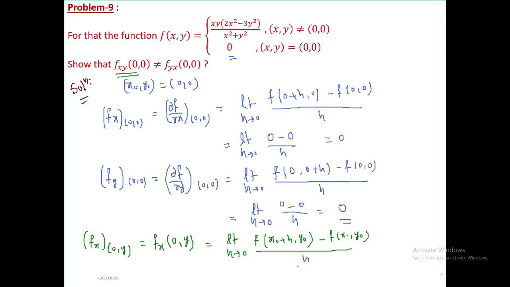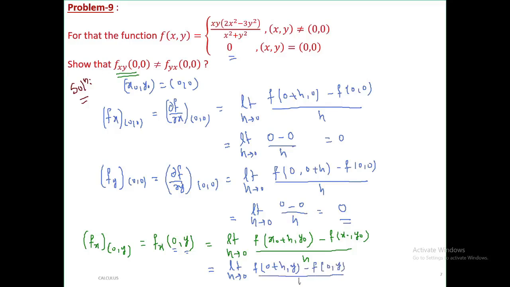Okay. Now this one, limit h tends to 0, f of, what is x naught? Origin. x naught is 0 here. This is x naught, this is y naught. Okay. So x naught is 0 plus h. What is y naught value? y naught value is y only. So 0 plus h comma y, minus f of x naught value 0, y naught value y, upon h.